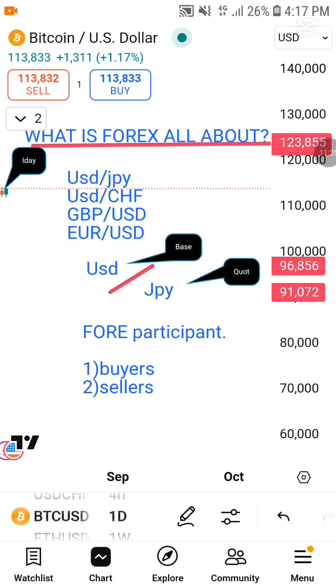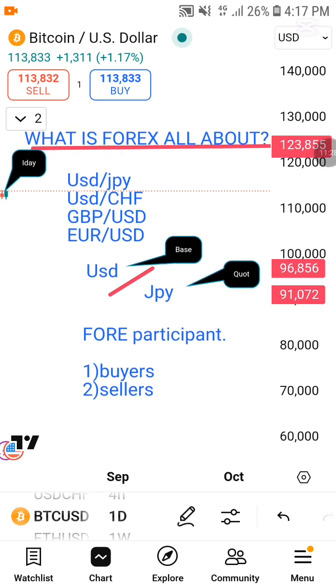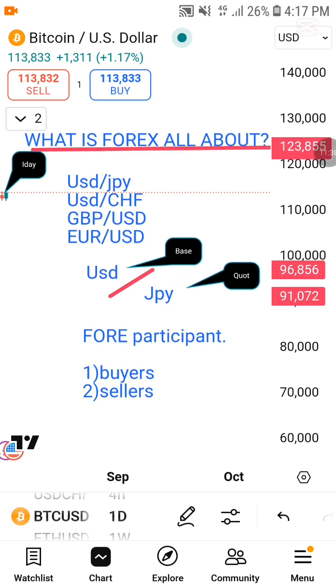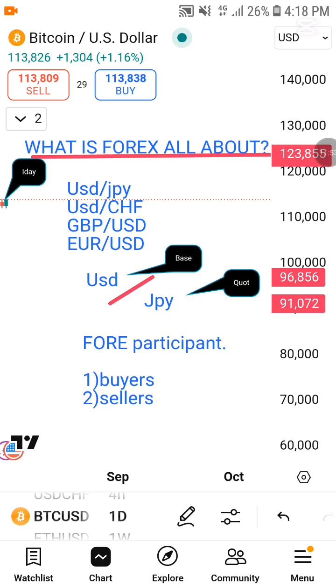We use TradingView for our technical analysis, and then we use MetaTrader 5 or MetaTrader 4 to execute a trade. And then we use brokers. For me, I can recommend the broker that I'm using. I use FBS.